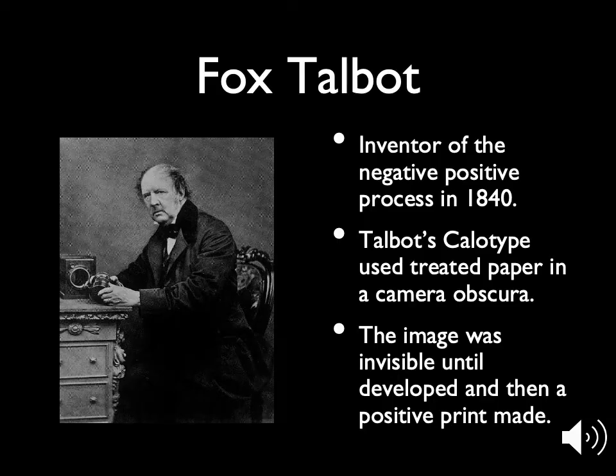So we'll briefly talk about Talbot in this slide here. He is the inventor of the negative-positive process, in about 1840. A negative-positive process means you produce a negative, whether that negative is on a cellulose, like those soft films that we used to use before digital, or onto a piece of glass. The image is negatively reversed.